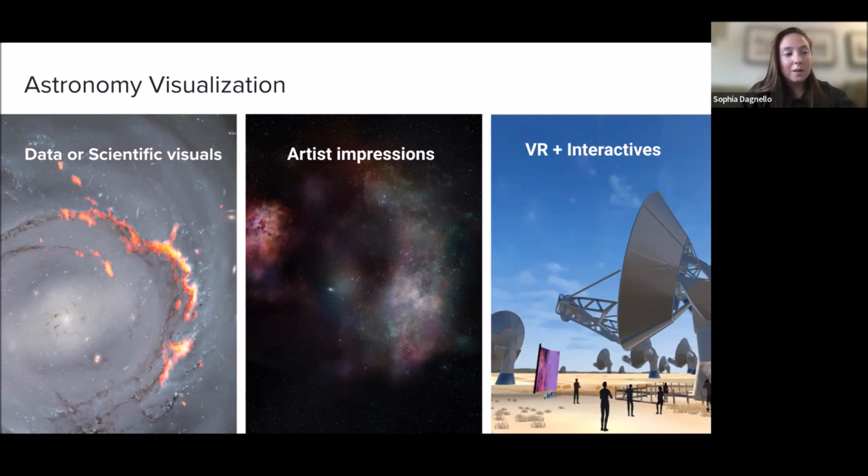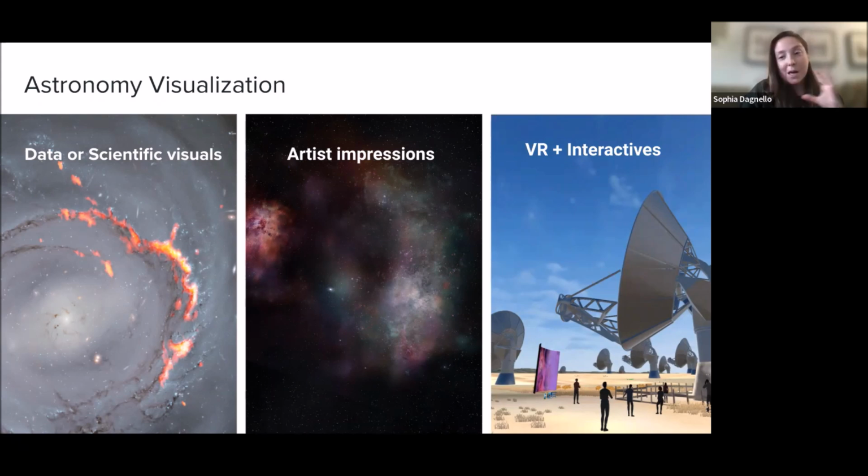When we're talking about a certain astronomical event or object that maybe we don't have a great data image of, it's important for us to create an artistic rendition to better show what that research or science is trying to explain.